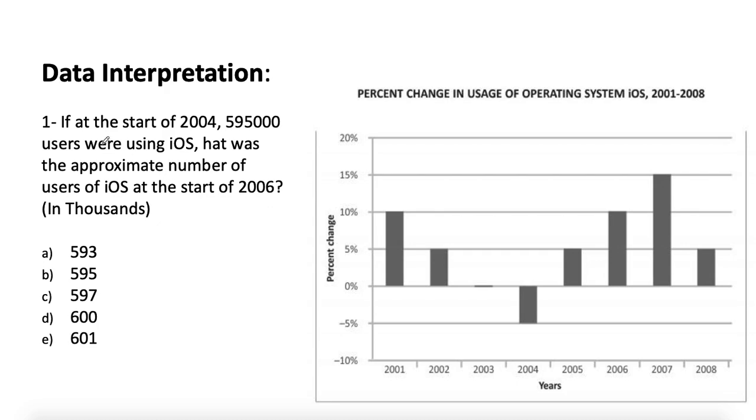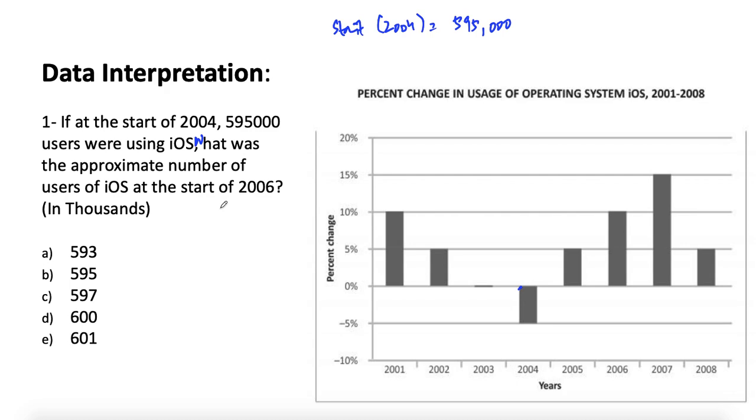If at the start of 2004, that means we are at this point, 595,000 users were using iOS, what was the approximate number of users of iOS at the start of 2006? So we are given that at the start of 2004 it is 595,000.